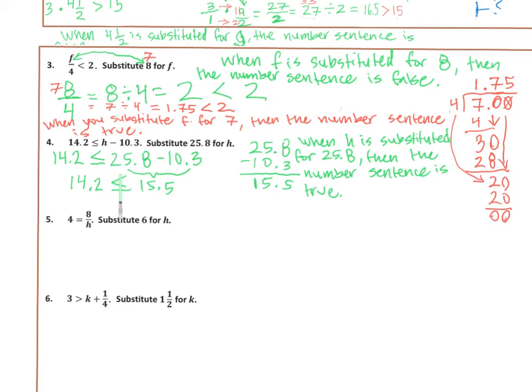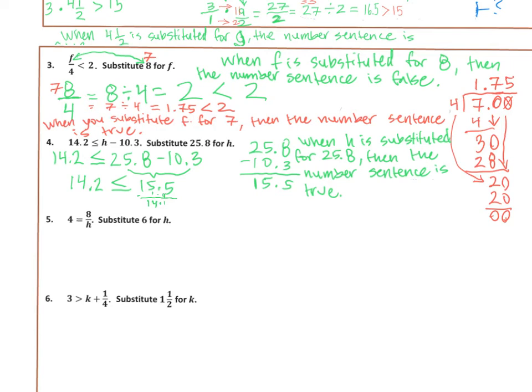So if we want it to be less than the left side, we're going to have to reduce this by at least 1.4, I believe, at the minimum. Because if you were to subtract 1.4 from here, that would equal 14.1, which would be less than 14.2.